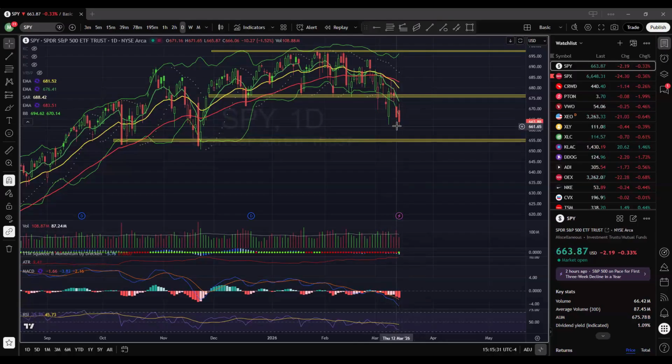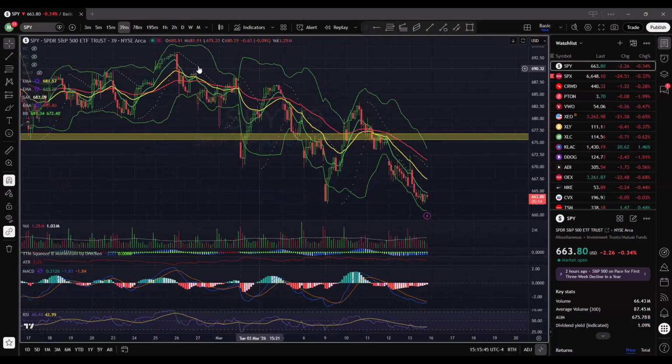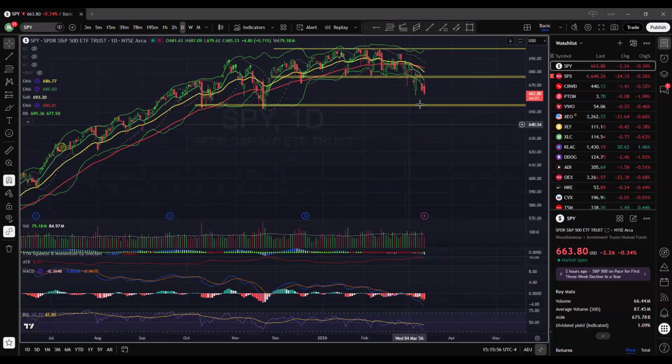If that happens, I wouldn't be surprised to see some kind of a move in the other direction, counter trend moves, right? We can call this a very short term bearish trend where we're just making a series of lower highs and lower lows. So these bear trends tend to have very fast and furious counter trend moves, right?